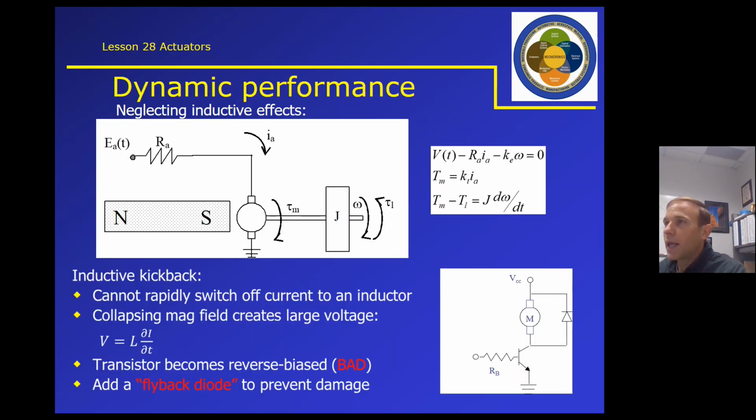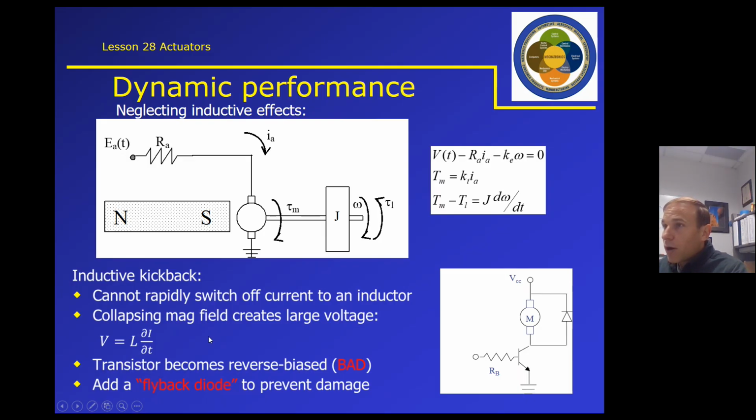I want to talk a little bit about dynamic performance or dynamic effects. If we didn't zero out that dynamic term, if we were interested in the motor turning on, turning off, or speeding up, slowing down, we're going to have this dynamic term, this voltage changing as a function of time due to the inductive properties of the windings of the motor.